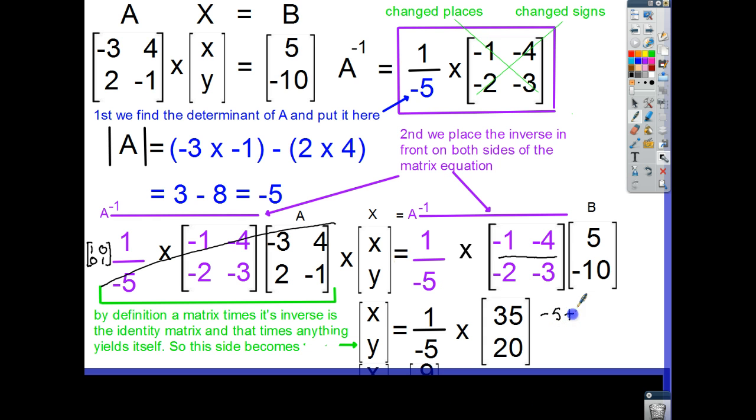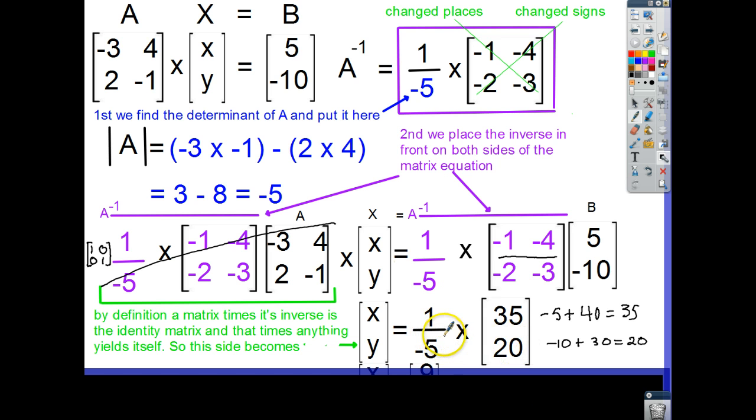And we add to that second in the row times second in the column. -4 times -10 is 40. And when we add those two together, we get 35, and that's where our 35 came from here. Row 2 times column 1, -2 times 5 is -10, plus -3 times -10 is 30. -10 and 30 is 20, and that's where the 20 came from.